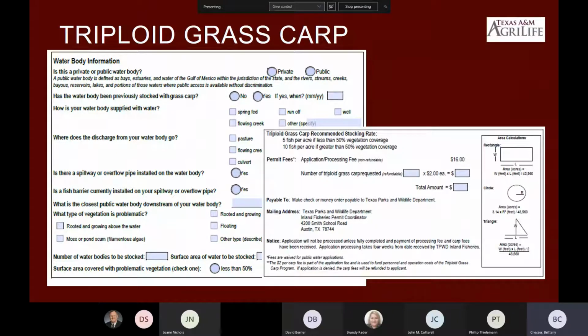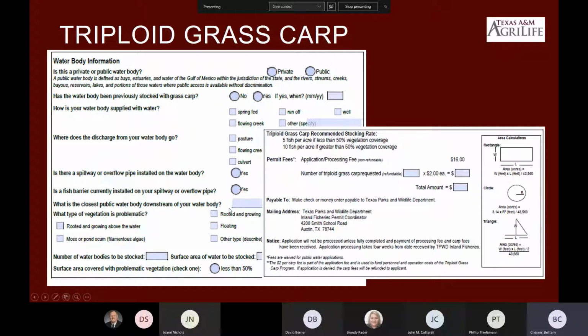You will need to go onto the Texas Parks and Wildlife Department website, and you can see how very easy this application is.